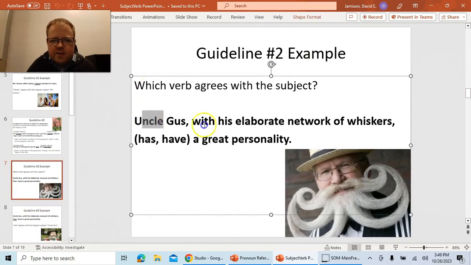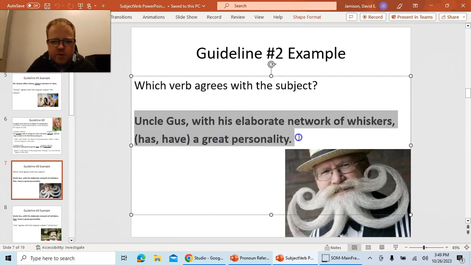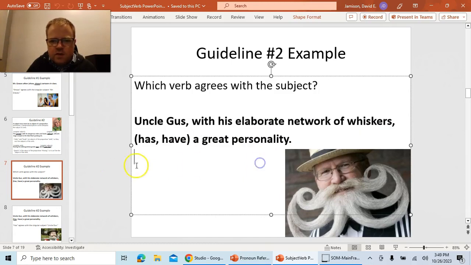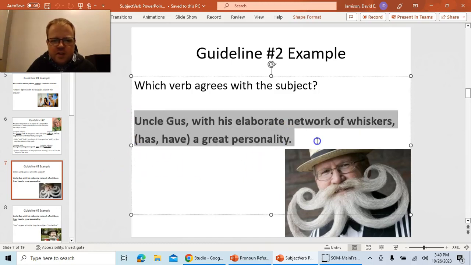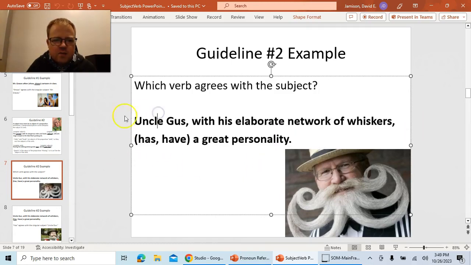Uncle Gus, with his elaborate network of whiskers, has or have a great personality. So this is an example of the same thing. Uncle Gus is a singular noun. Whiskers is a plural noun.